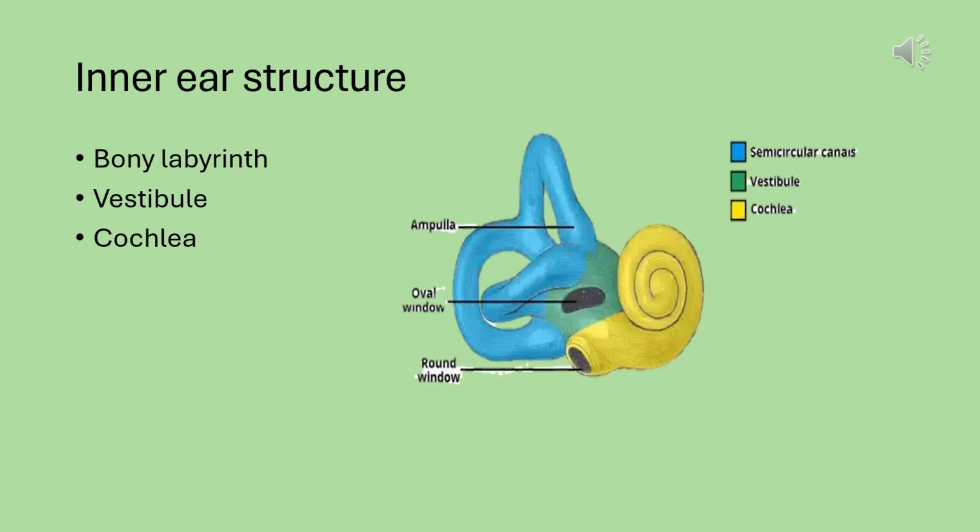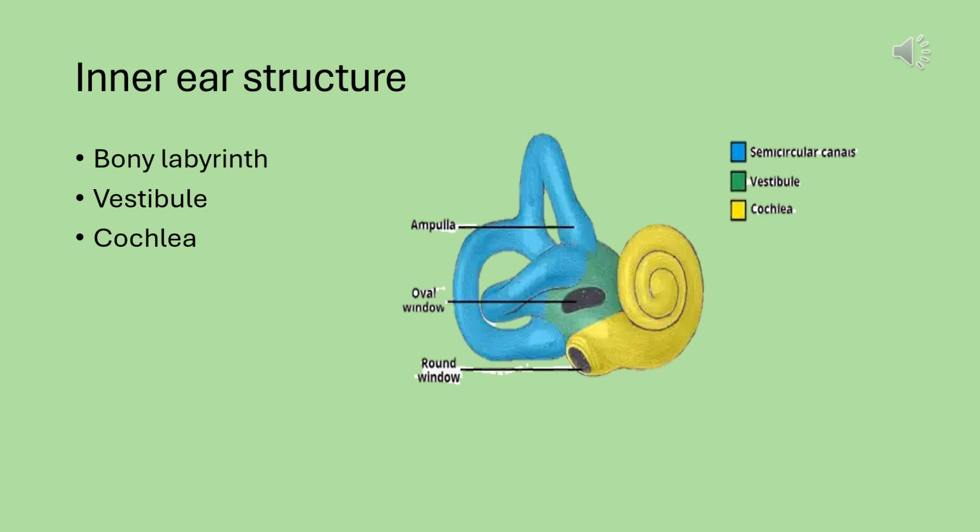We are going to first take a look at the bony labyrinth, vestibule, and cochlea as they describe the structure and main regions of the inner ear. The bony labyrinth consists of a series of bone cavities within the inner ear and is made up of three regions. Two of the regions are the vestibule and the cochlea. They are branches from the eighth cranial nerve but have different but equally important functions.